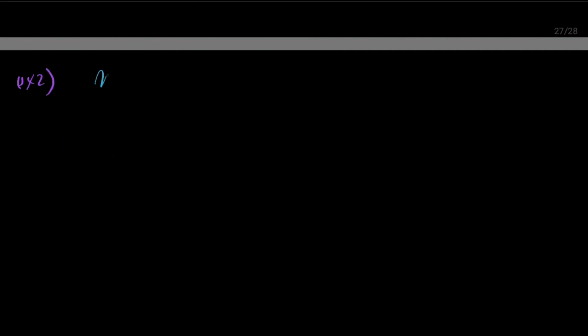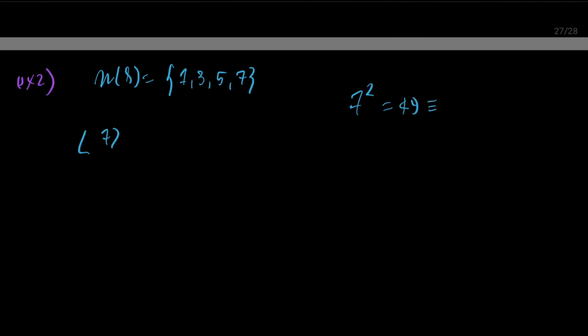So now let's move to some other examples. Consider the multiplicative group modulo n, U8, that is given by 1, 3, 5, 7. Let's consider the subgroup generated by 7. 7 squared is 49, which is congruent to 1 mod 8, meaning that 7 has order 2, and thus the subgroup generated by 7 is just 7 and 1, which is a subgroup of U8.